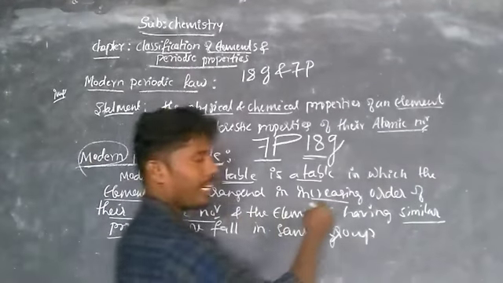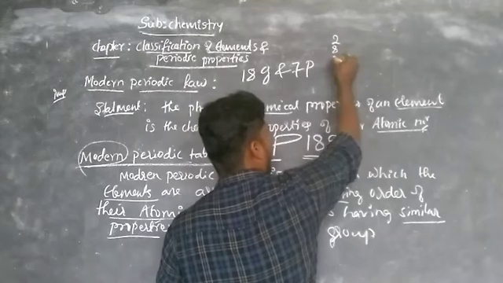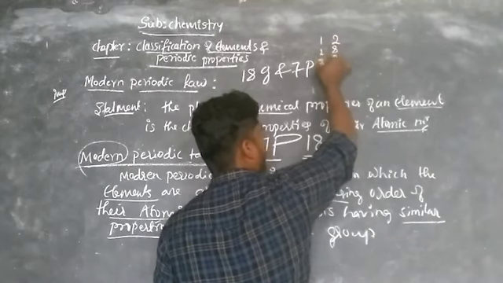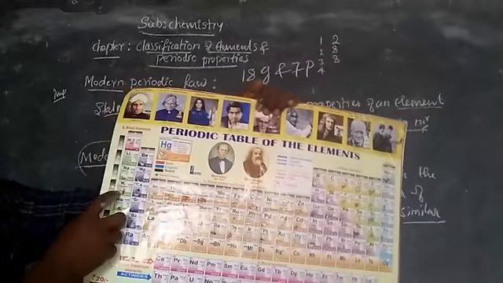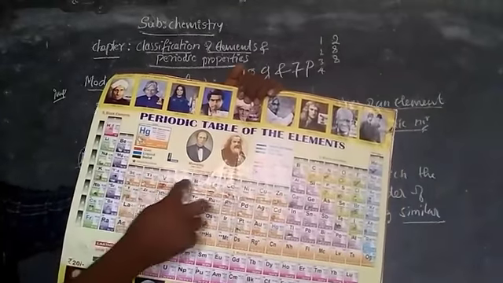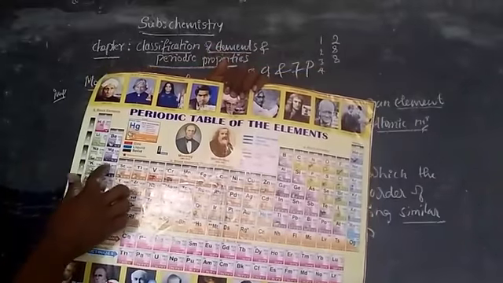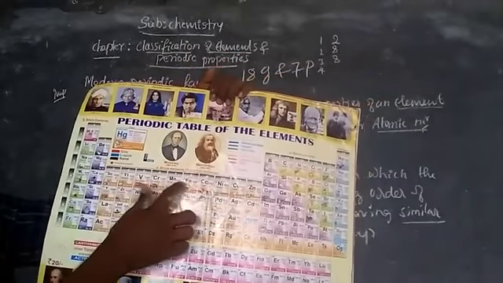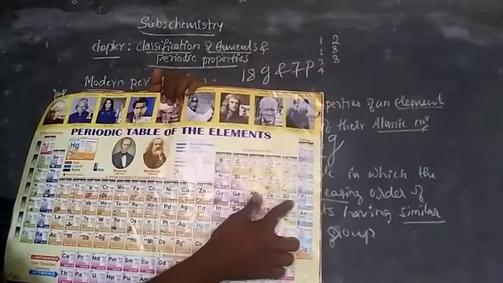Okay, so the first period contains how many elements? 2. The second contains 8, the third contains 8, then the fourth one. This fourth one is called the potassium period. The fourth period consists of 18 elements: 1, 2, 3, 4, 5, 6, 7, 8, 9, 10, 11, 12, 13, 14, 15, 16, 17, 18.